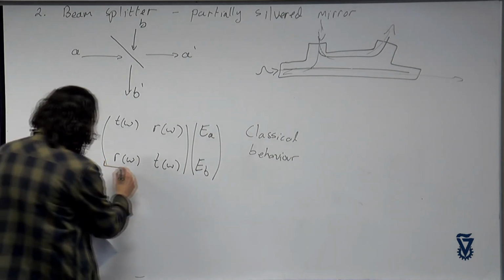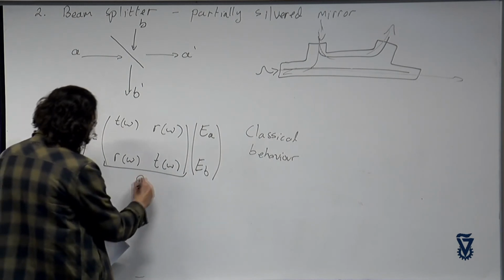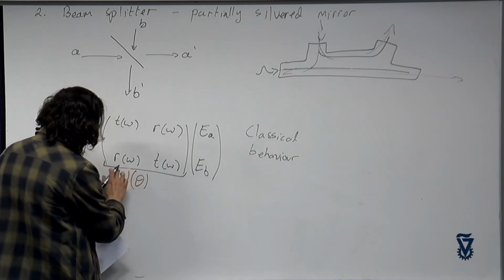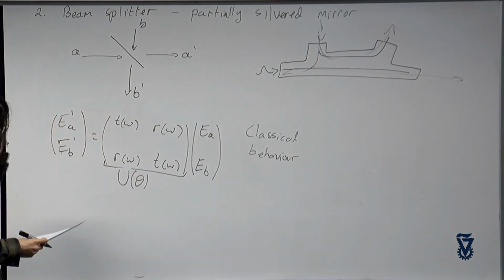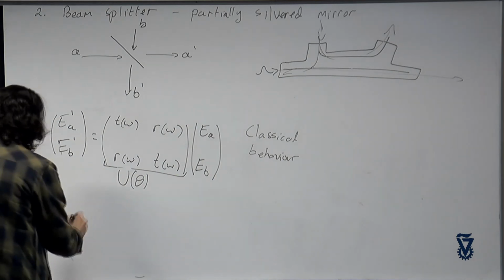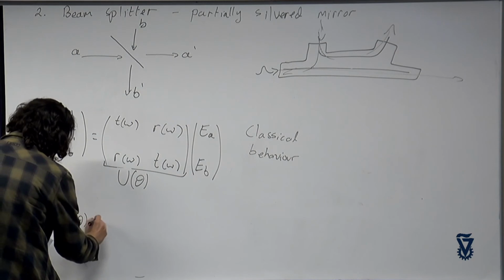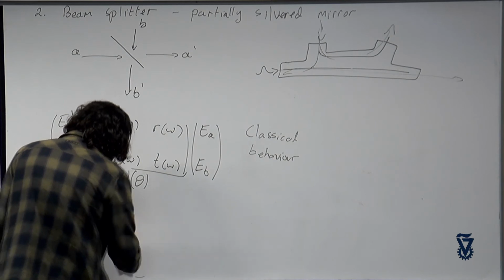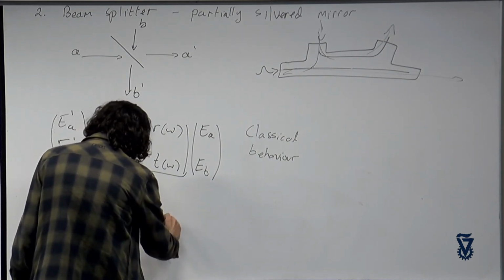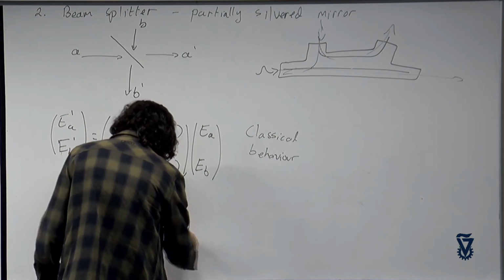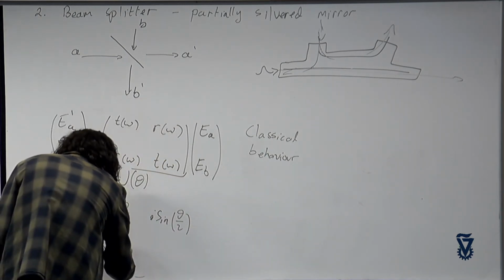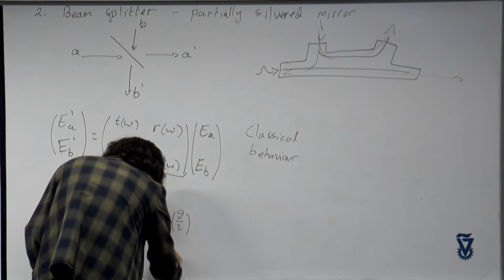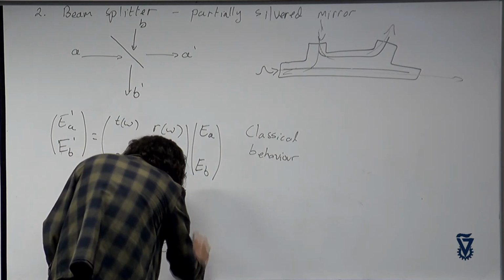And you might have also seen that you can parameterize this with some angle theta. So this is some unitary that depends on some angle theta. And then you can write this U of theta as cosine theta over 2, i sine theta over 2, i sine theta over 2, and cosine theta over 2.